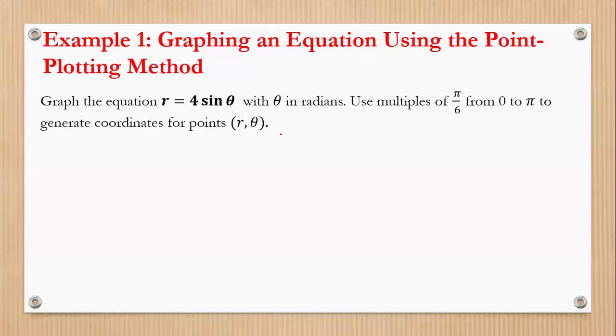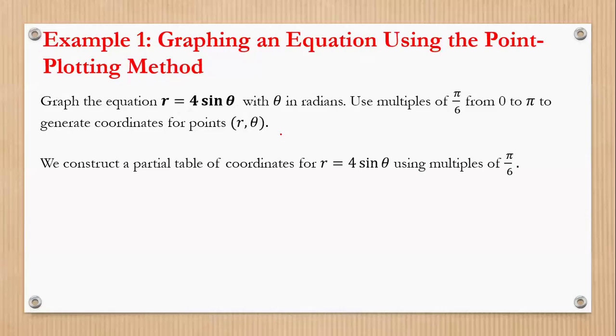So I need to replace some angles for theta, find r, then plot the points r and theta in the polar grid, and then graph the equation. Since the question says use multiples of pi over 6 from 0 to pi, we only replace those values for theta and then try to find r. So we need a table of values for r and theta.